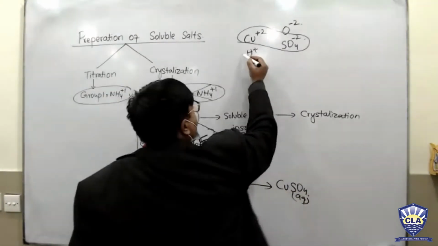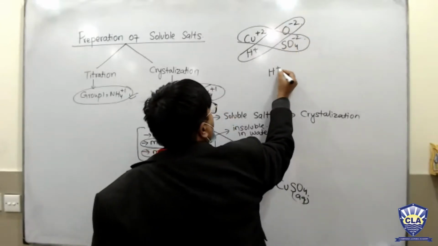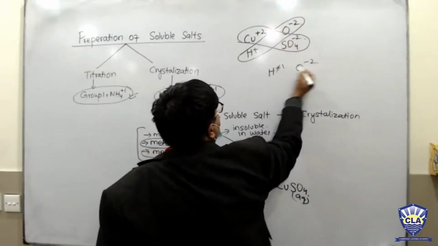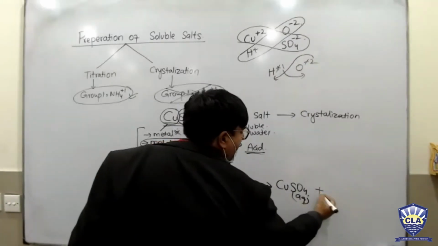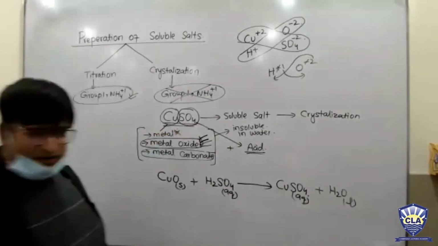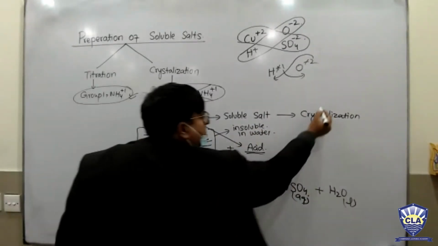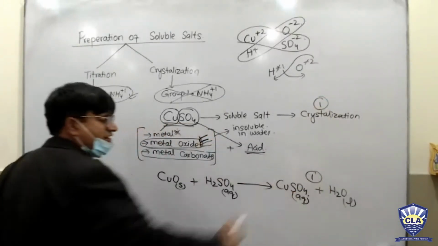Now join the positive of this thing with the negative of this one, H +1, O -2, plus minus cancel, 2 will come up here, 1 will come up here. So this is H2O, that is liquid. You got it? So you will get 1 mark for crystallization, 1 mark for writing the equation.